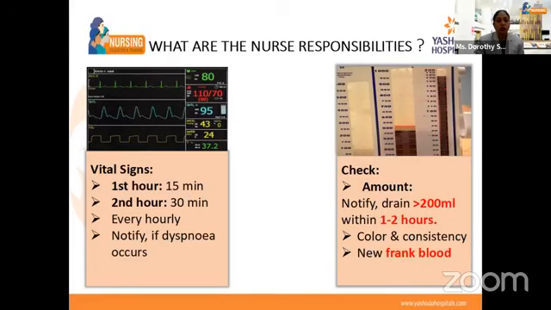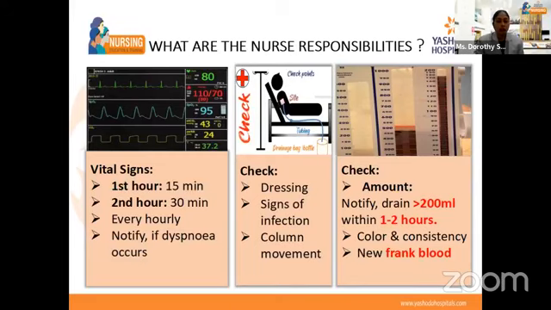A nurse should also not forget that pain is an important vital sign, and pain assessment should be done, and pain management also is important in this scenario. The nurse should notify the doctor if there is any sudden onset of dyspnea.